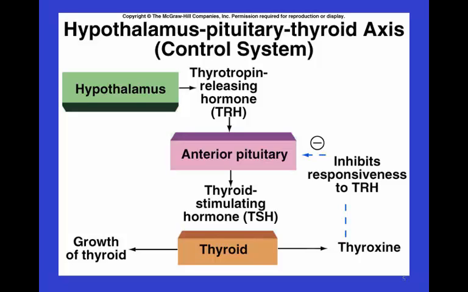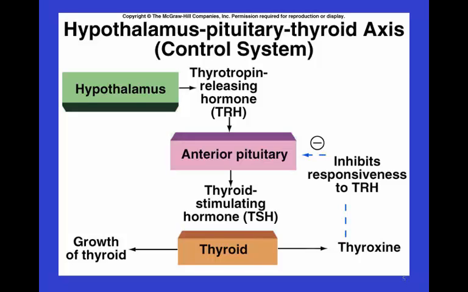So for each of the hormones from the anterior pituitary, the hypothalamus secretes a releasing hormone that will tell the anterior pituitary what to do or when to release its hormone. So thyrotropin releasing hormone works on the anterior pituitary, causing it to release TSH, or thyroid stimulating hormone.